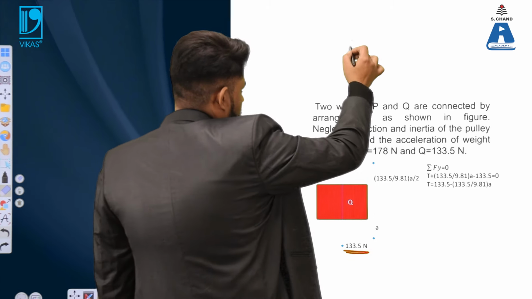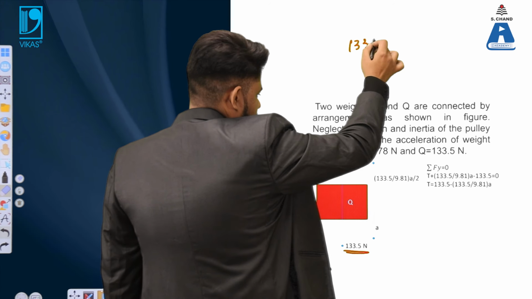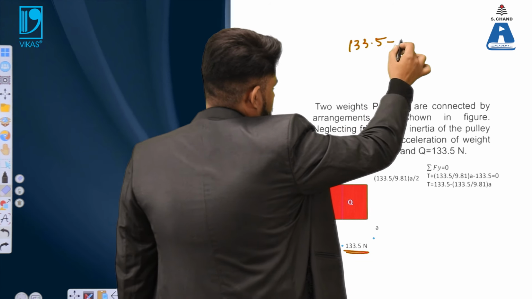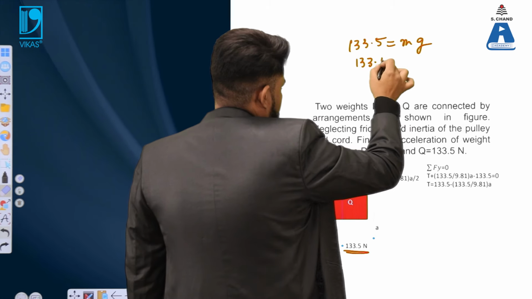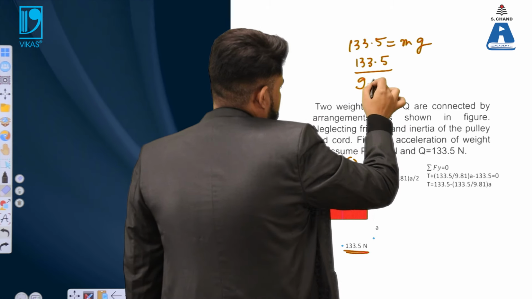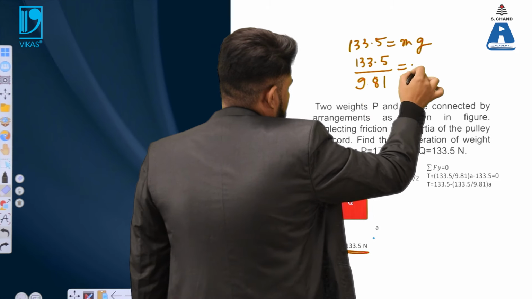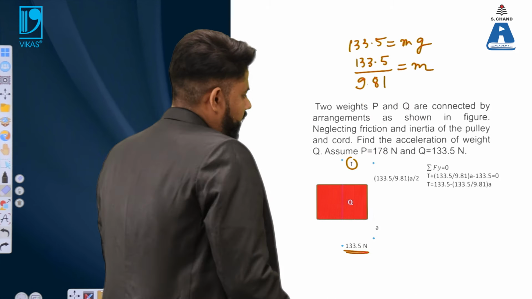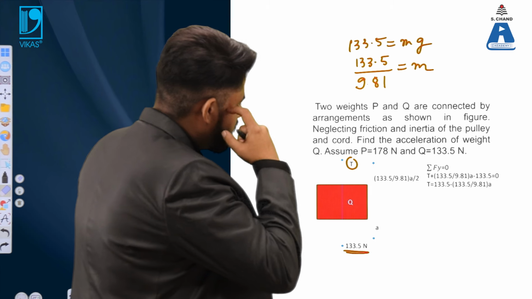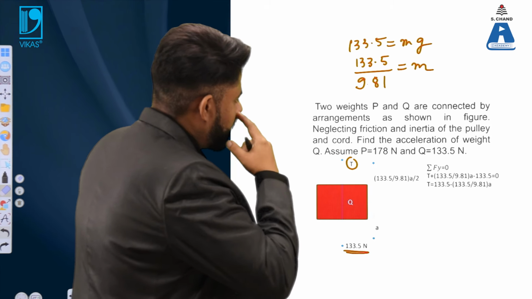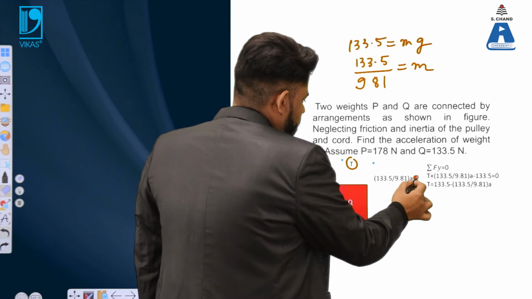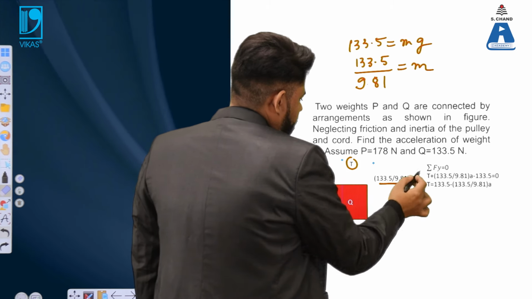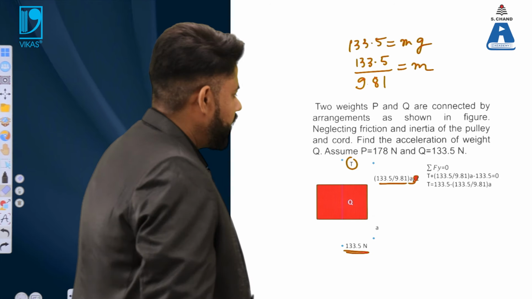So 133.5 equals mg. So 133.5 divided by the acceleration due to gravity, 9.81, comes out to be the mass, and that mass is multiplied by the acceleration value. Here the acceleration value is a, so it comes out to be mass multiplied by the acceleration only.